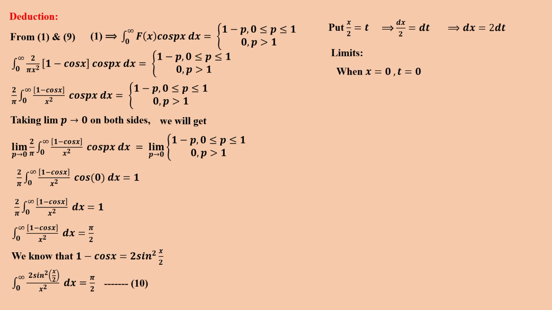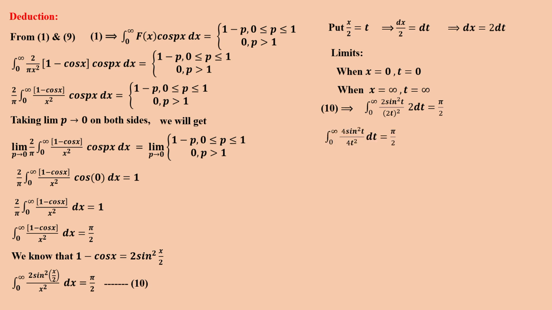When x is equal to 0, t is equal to 0. When x is equal to infinity, t is equal to infinity. So 10 implies integral 0 to infinity of 2 sine square t divided by, put x is equal to 2t, right? Because x by 2 is equal to t, therefore x is equal to 2t, so (2t) square. Instead of dx, put 2 into dt, which is equal to pi by 2.